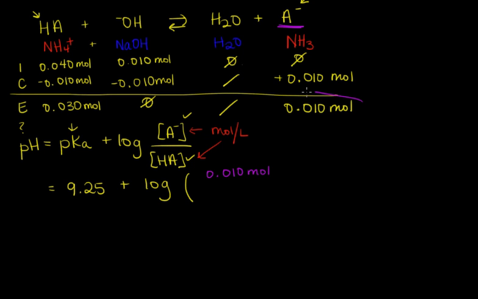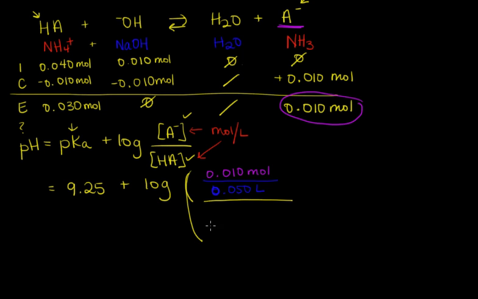And what's the total volume? The total volume is that 50 mils, which is 0.050 liters. Okay? So that's the concentration of A minus.